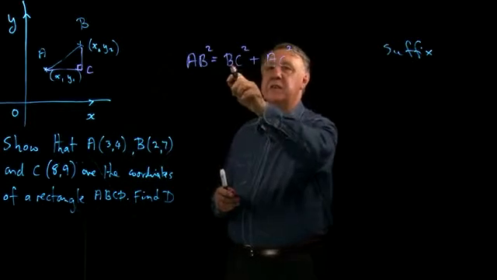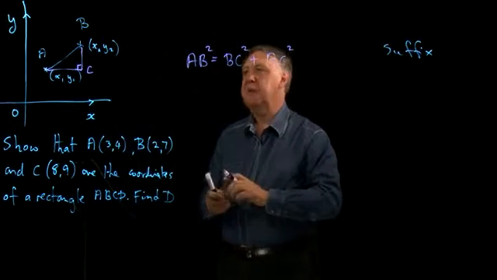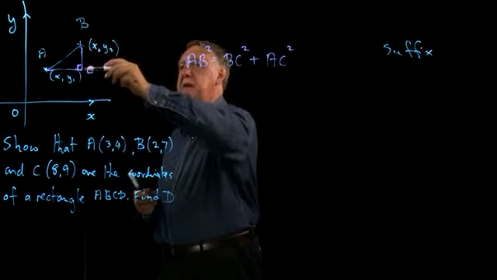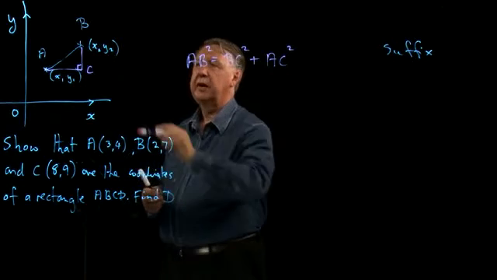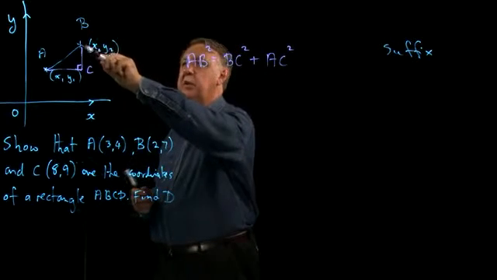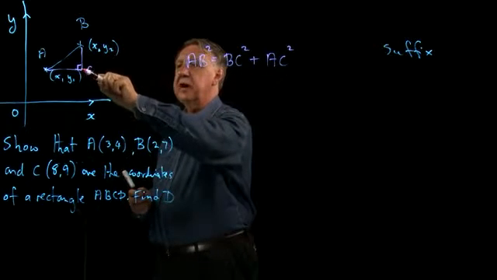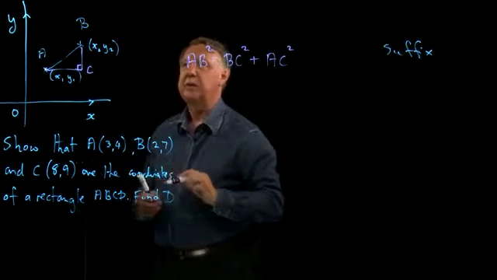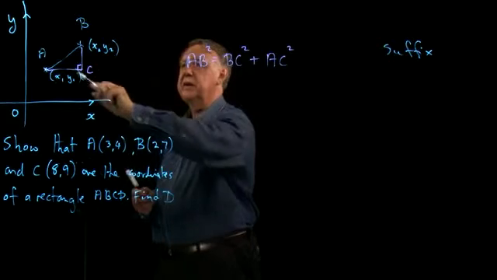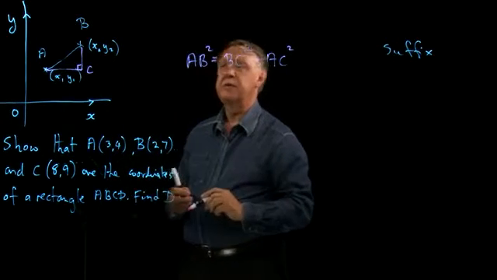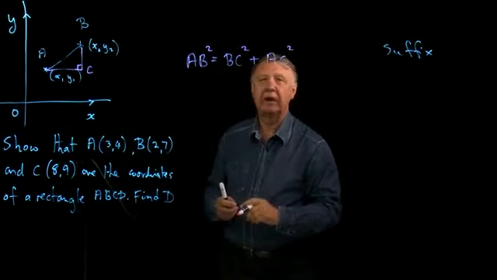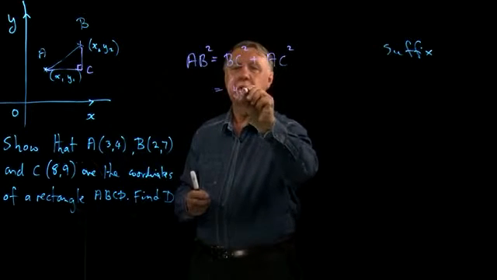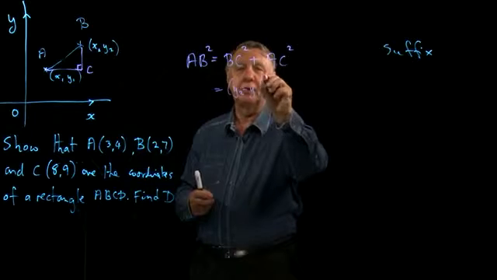How am I going to get at these lengths BC? Well, BC is the vertical drop from B down to C. In other words, it's the y coordinate here, subtract the y coordinate at that point C. And of course the y coordinate at C is the same as the y coordinate at A. So BC is y2 minus y1, so I square that.